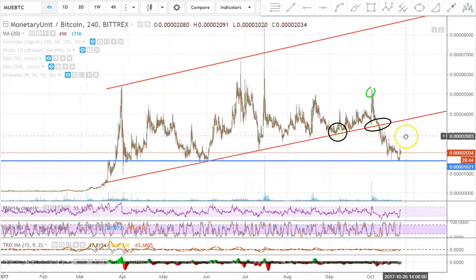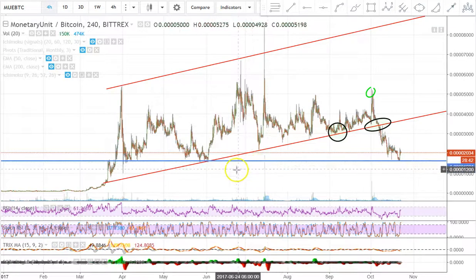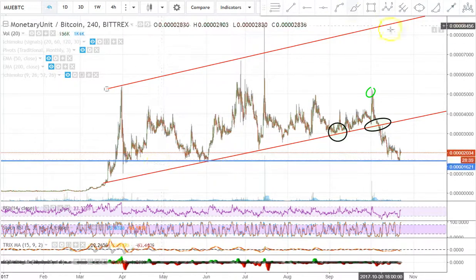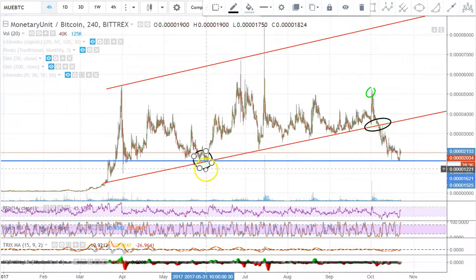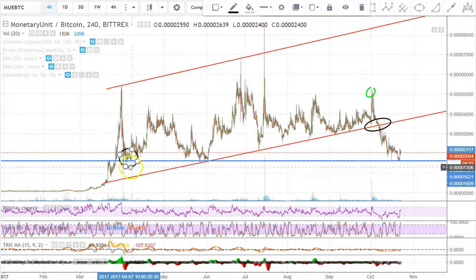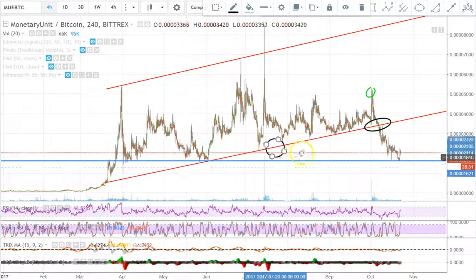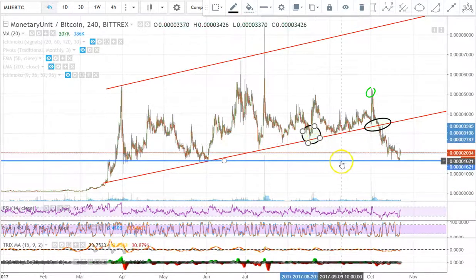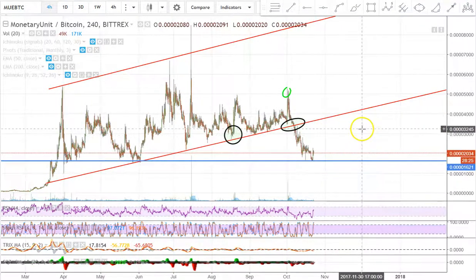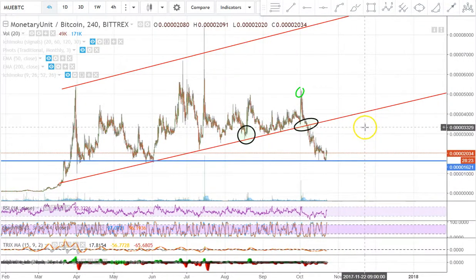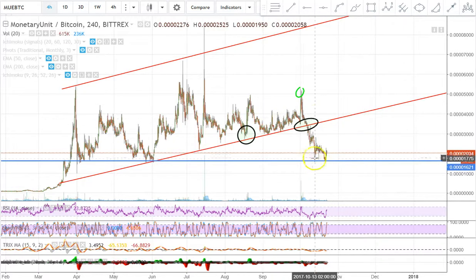And when it went below the red line, you see what happened. It searched for another support, and that's the blue line here, because as you can see, the price touched the blue line a lot of times. So this blue line acts as a support now. The question is, how long can this blue line hold it?